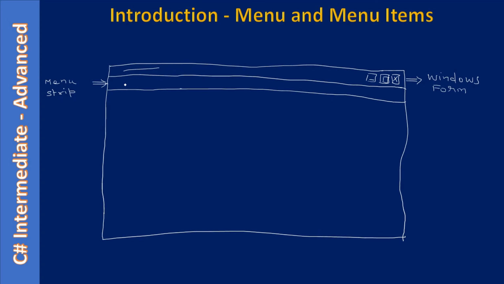In some other languages, they are called menu bar. So Windows users commonly know this as a menu bar, which will hold the menu. Here in Windows form, the name is MenuStrip. Why? Because here we use a MenuStrip control. Using this MenuStrip control, we will hold all the menus.